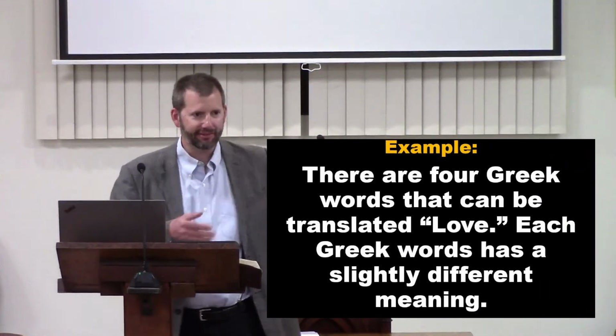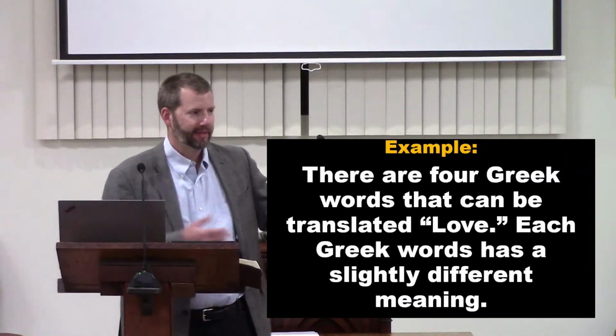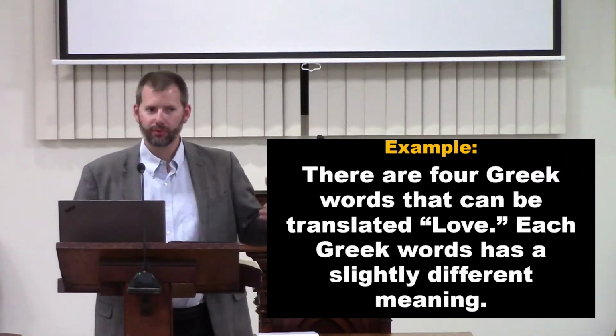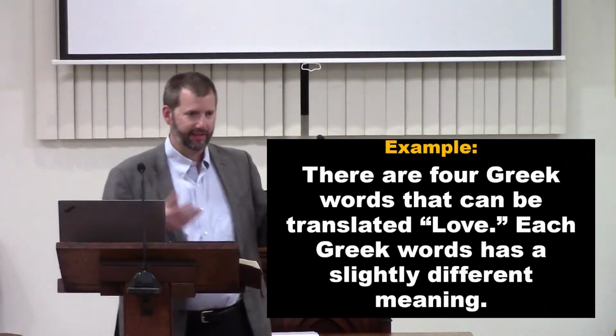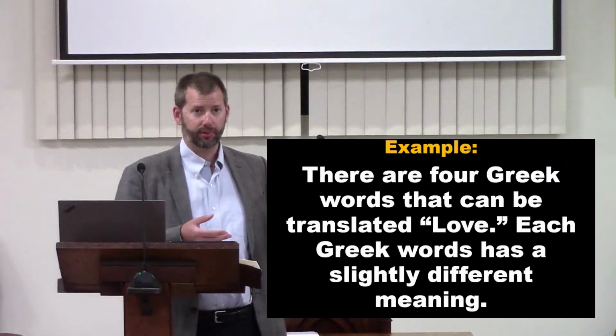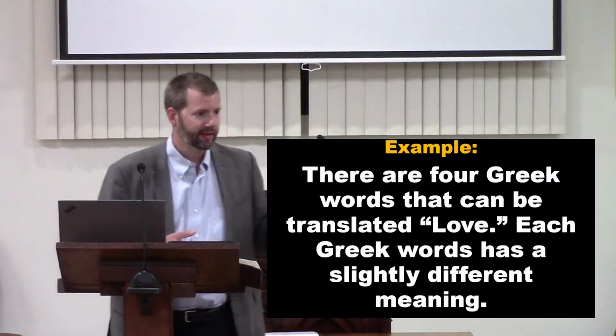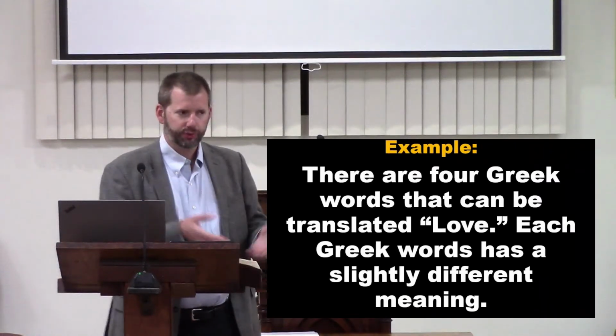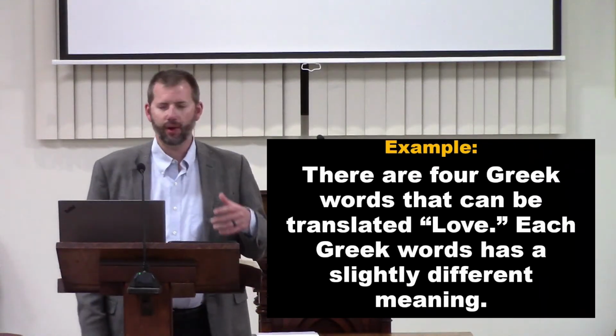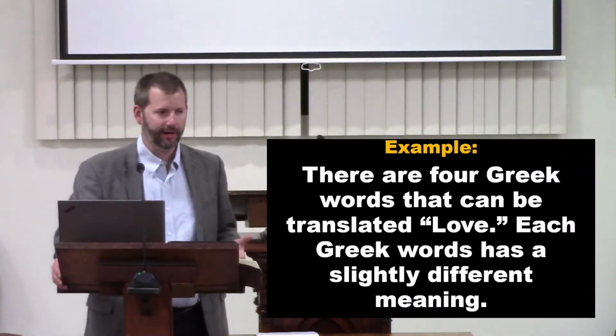Those words mean different things. And the word that's used there is not the word for sexual relations. I think with that one, it's the brotherly love, but I'll have to look that up before I confirm that. But we have these different words, all translated as love, and we don't quite get that in our English.